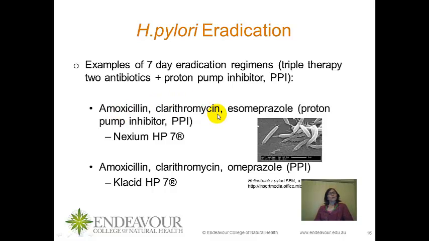Amoxicillin might be combined with clarithromycin, and then the particular proton pump inhibitor that's found in this brand, Nexium HP7, is omeprazole. So we'll look at how these drugs ending in azole, these proton pump inhibitors, do that role.